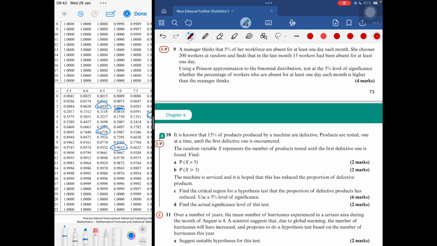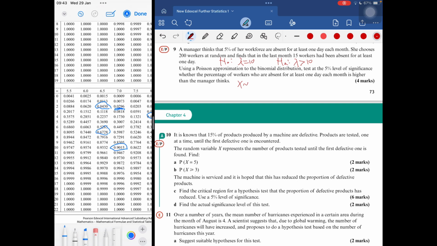So per month, 5% of 200 is 10, an average rate of 10 workers absent per month for at least 1 day. So H0 is lambda equals 10, HA is higher than the managers think, so lambda is larger than 10.